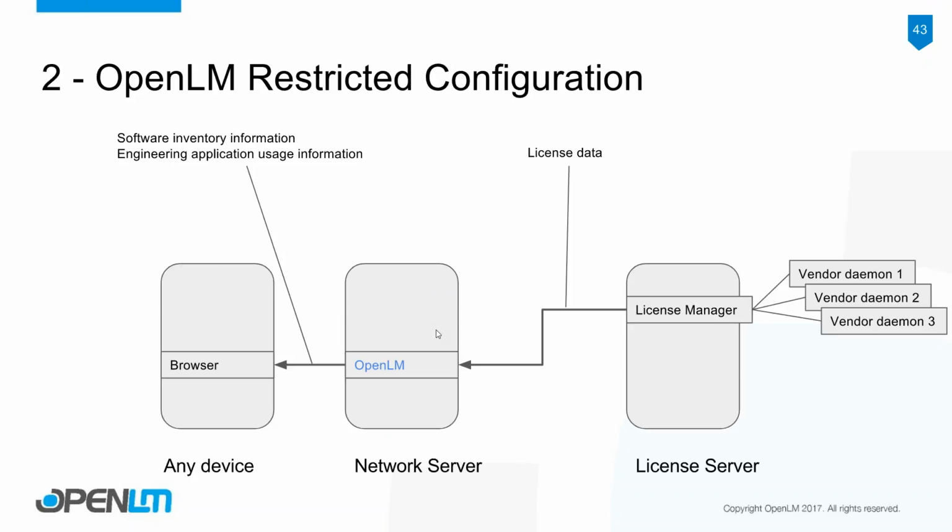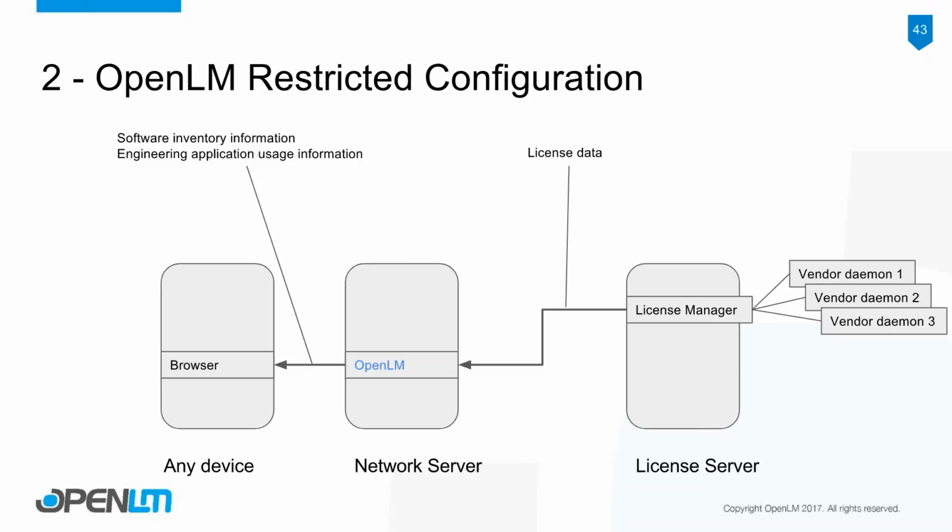The second mode of deployment is the restricted configuration. It's similar to the standard configuration, except that the OpenLM broker is not used at all. In this case, the license manager is queried directly by the OpenLM server. So without the broker, some data cannot be retrieved. Denials information, for example, cannot be retrieved without a broker.